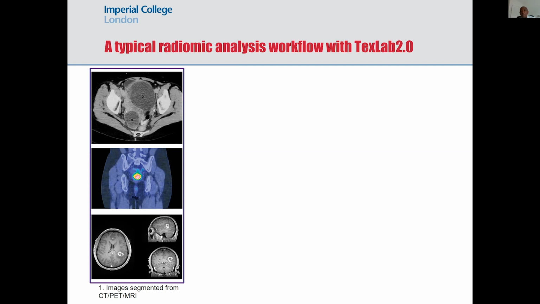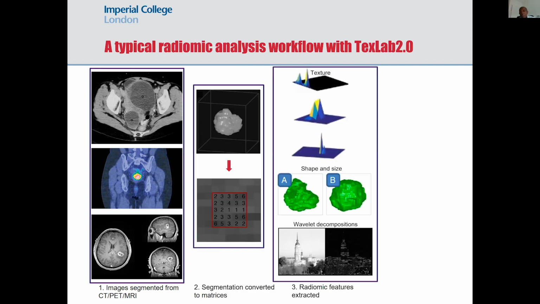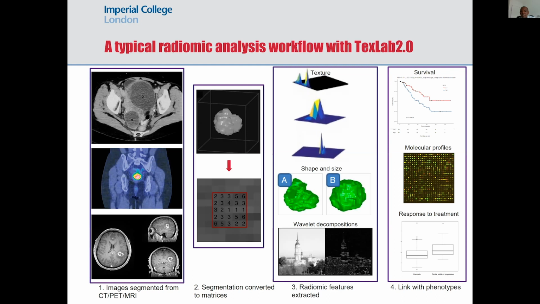In our case, we use a software called TextLab version 2, but this would apply similarly to PyRadiomics and several others. It starts off by segmenting lesions, converting these into matrices, and extracting various radiomic features, including texture, shape, size, intensity features, wavelet decomposition, and then link these to various cancer phenotypes.